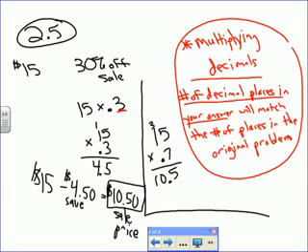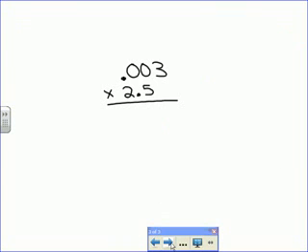The number of decimal places in your answer will match the number of decimal places in the original problem. So if you have 1, 2, 3, 4 decimal places, you've got to have 4 decimal places in your answer.